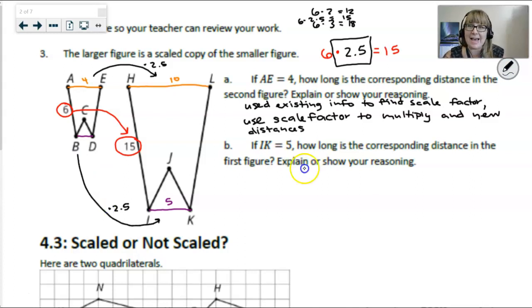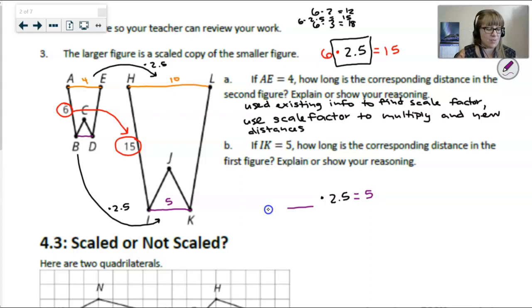So that means I had some number, and I don't know what that number is, but I multiplied it by 2.5 because that's the scale factor, and after multiplying it by 2.5 I ended up with the distance of 5. So what is that number? Can you figure it out?